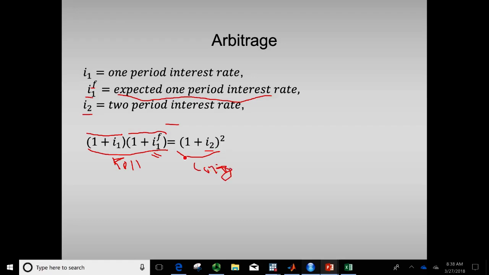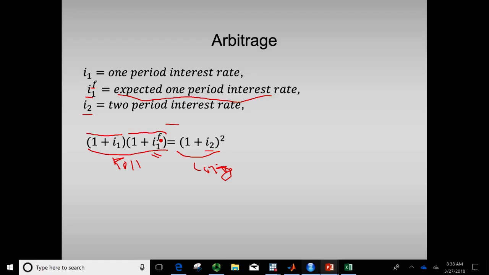And arbitrage says that these two strategies should give the same expected yield. Of course, because if one were to offer a higher return than the other, then you could take the strategy that has the lower yield, borrow money using that strategy, and turn around and invest the money in the other strategy that implies a higher yield, and make money. That's what arbitrage is. You don't even have to have the money.